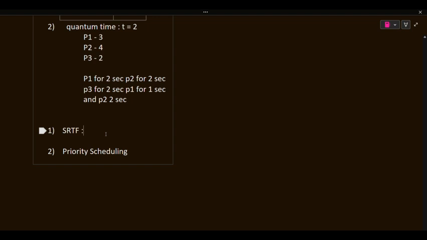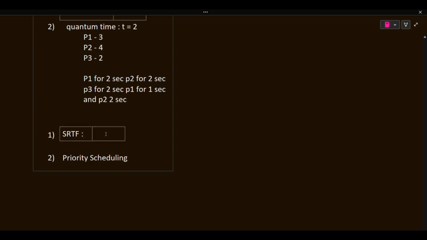The next one is shortest remaining time first. In this algorithm, we select the process which has the shortest remaining time. If a process with 4 seconds of burst time has already executed for 2 seconds, then we compare its remaining 2 seconds. So we named it shortest remaining time first.